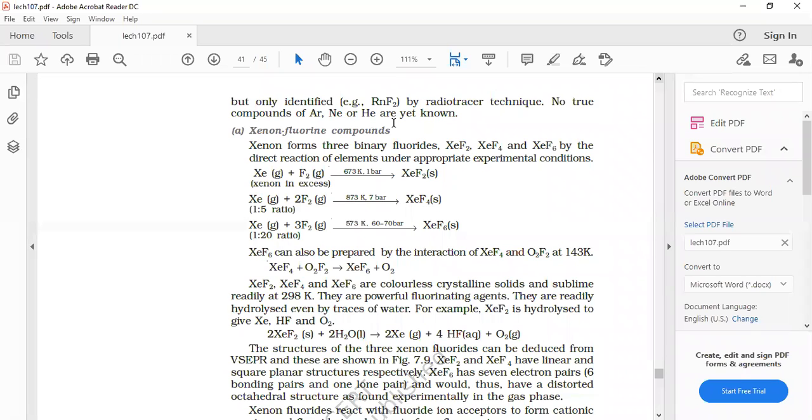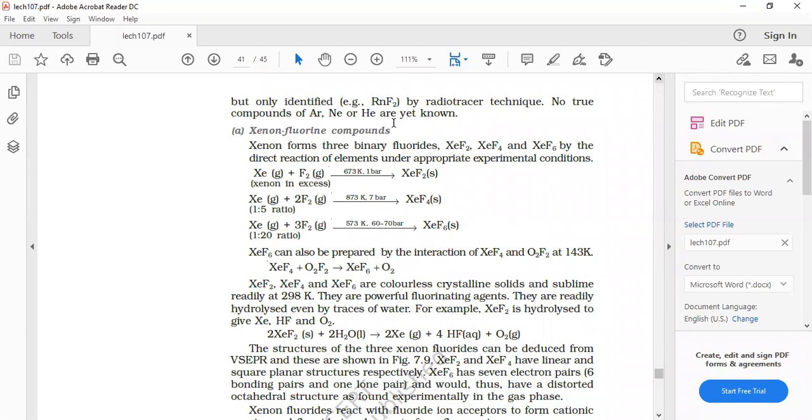See, when xenon is in excess and reacts with fluorine, say 100 molecules of xenon to 50 molecules of F2, at 673 Kelvin and 1 bar pressure it forms xenon difluoride.